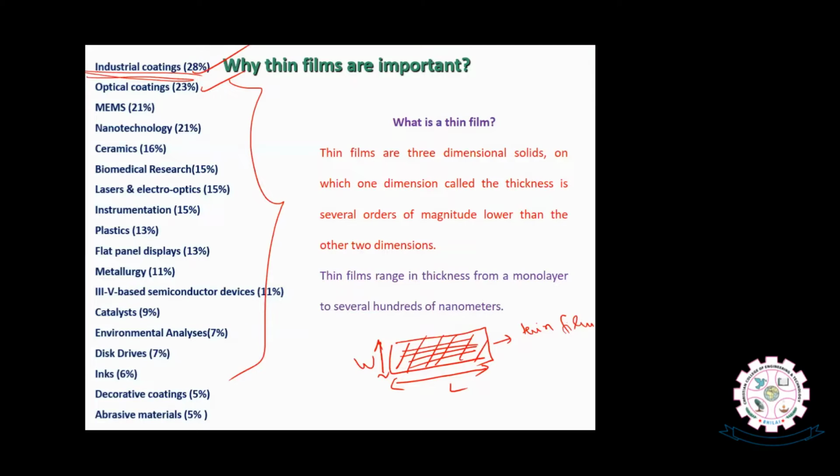You see that it is there in the MEMS, nanotechnology, ceramics, biomedical research, laser, instrumentation, plastics, flat display panels. Now you see the revolution in the LCD, LED TVs and quantum LEDs. Metallurgy, then semiconductor, catalysis, environmental, disk drives, ink, decorative coatings, abrasive coatings.